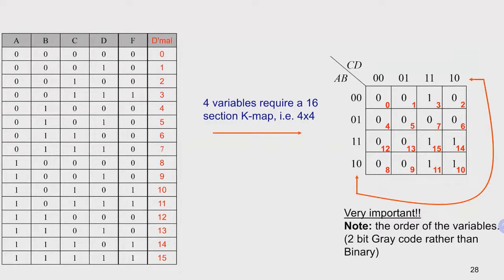And again, if you look at the axis, there's a gray code 00, 01, 11, 10. In other words, this is A bar B bar, this is A bar B, this is A B, this is A B bar, this is C bar D bar, C bar D, C D, and C D bar.